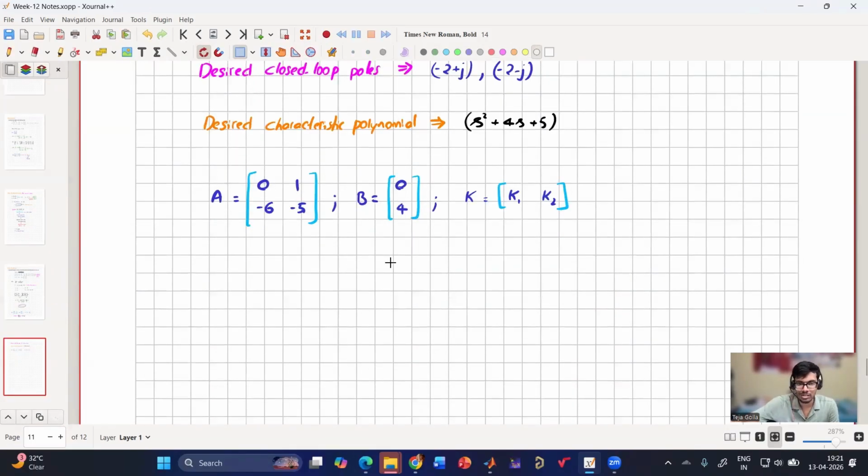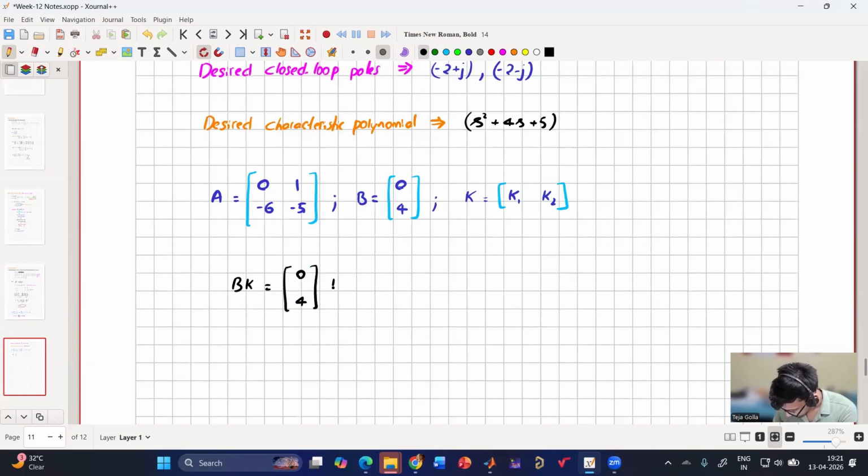So first let me calculate BK. Sometimes even I get confused about what the size will be, so I always write the order of the size of the matrix, so that I know the final one will be 2 cross 2.